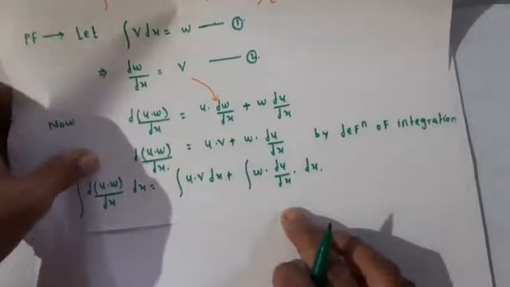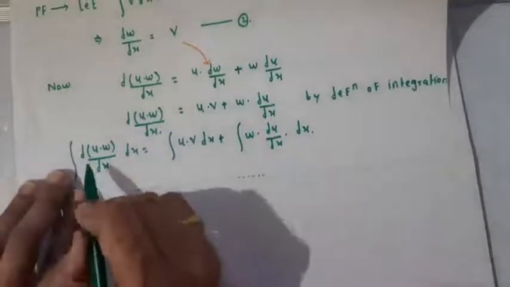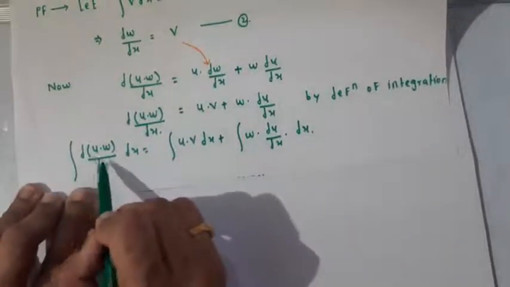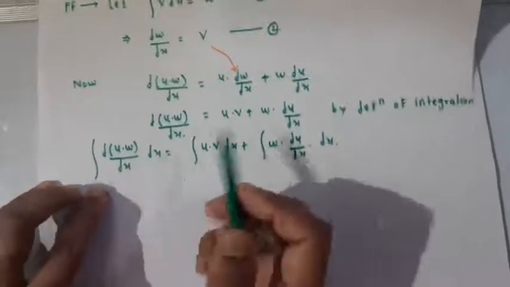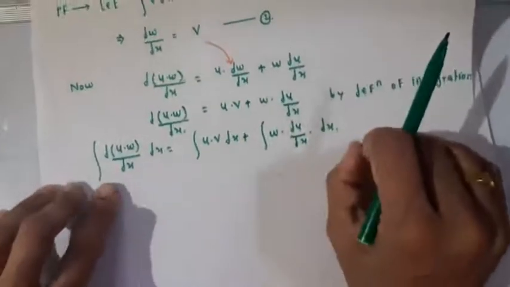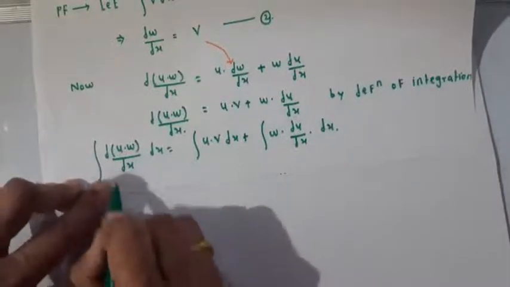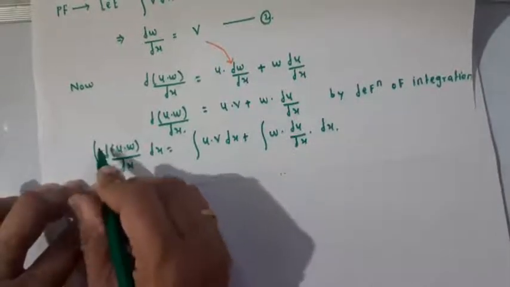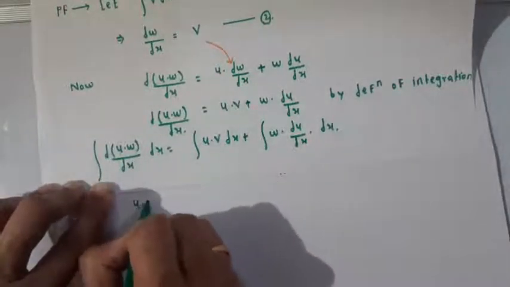Okay students, so here, the integration of the differentiation of uw, you know that integration is antiderivative. That's why the integration of the differentiation is u into w. The integration and dx will get cancelled, and this is u into w.